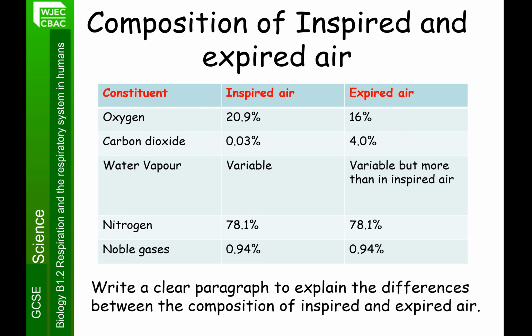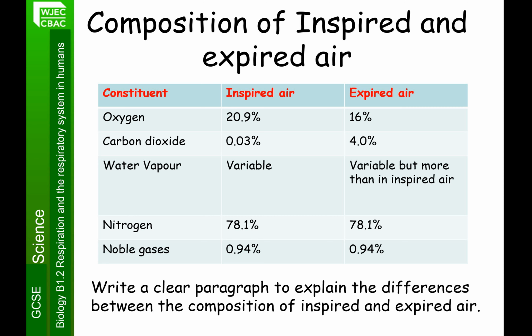So on page 23 in your book, can you put the date on the top of the page for me, please? I would like you to write a clear either one paragraph or two paragraphs. It might be an idea to split this up into two paragraphs. In the first paragraph, explain the similarities between inspired and expired air.